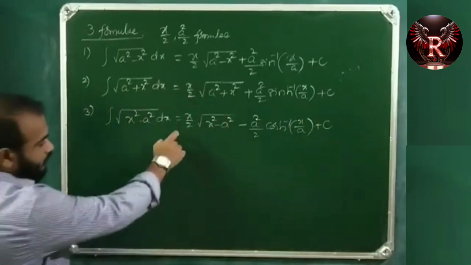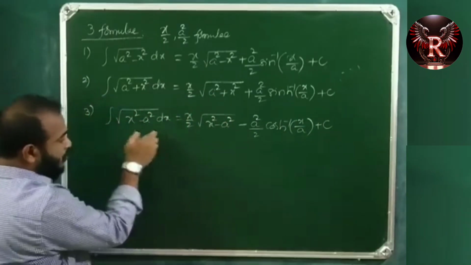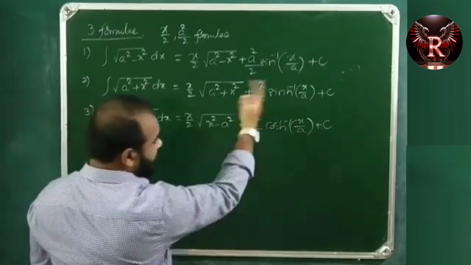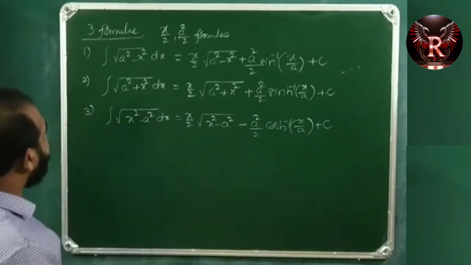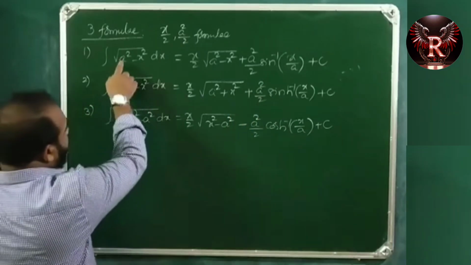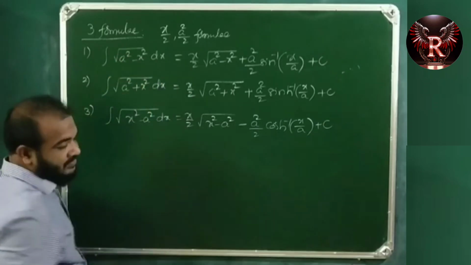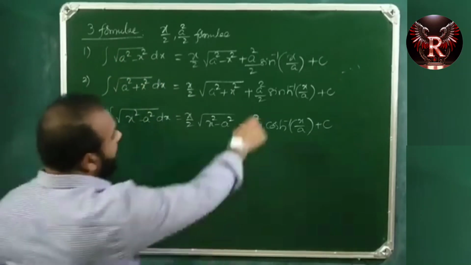So x by 2 into the given function plus a square by 2 into what? The integral of 1 by root of a square minus x square, sine inverse x by a, that we have to write here.